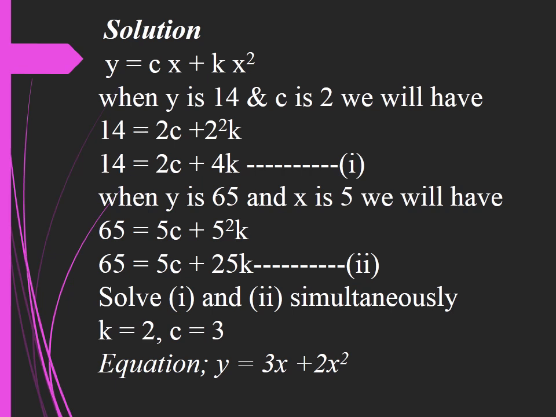From this, we get 65 = 5c + 25k, and we can call that equation 2. And then when we solve equation 1 and 2 simultaneously, we get k = 2 and c = 3. And then the equation connecting y and x will be y = 3x + 2x squared.